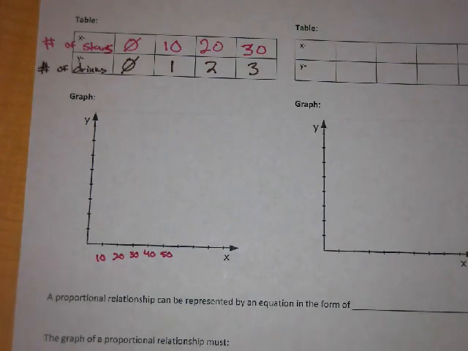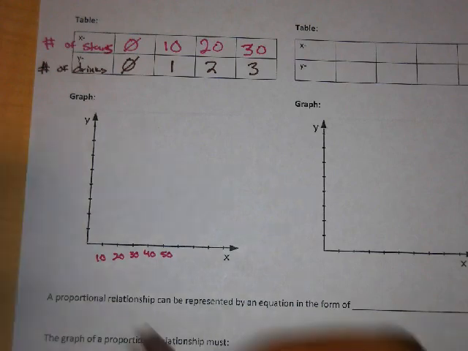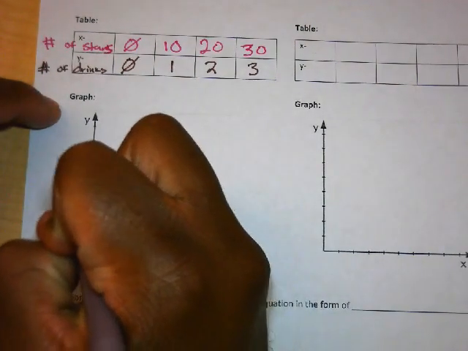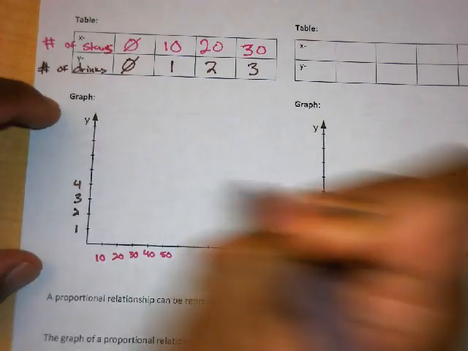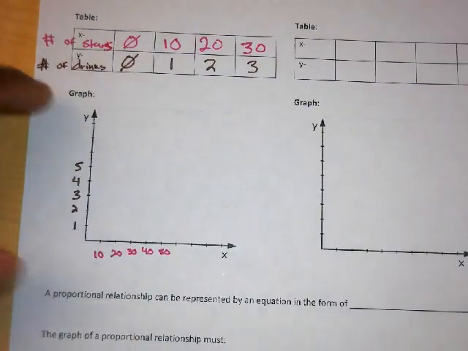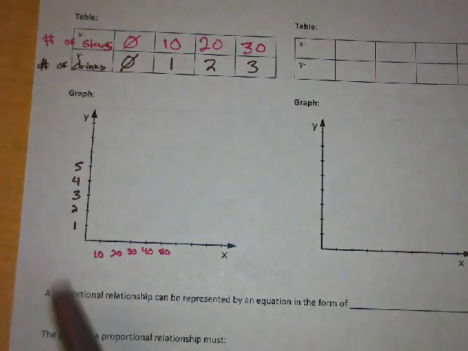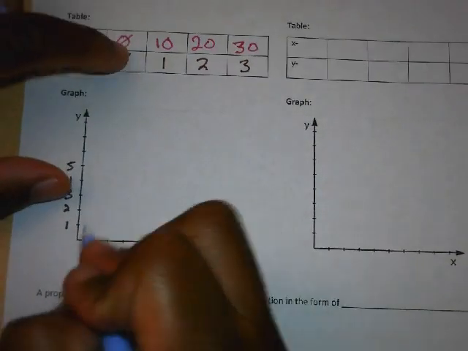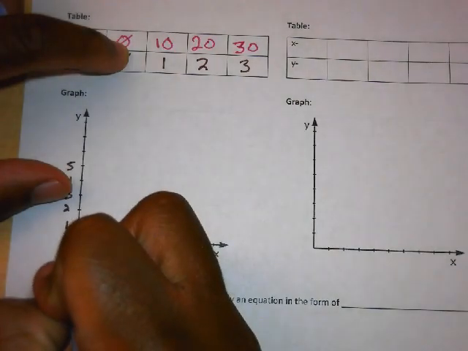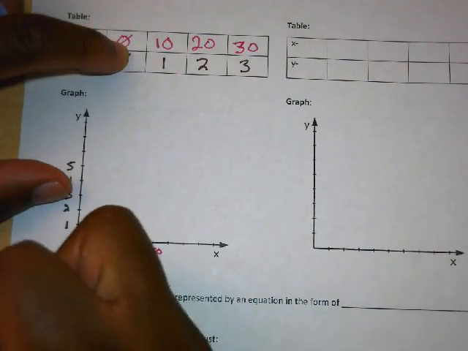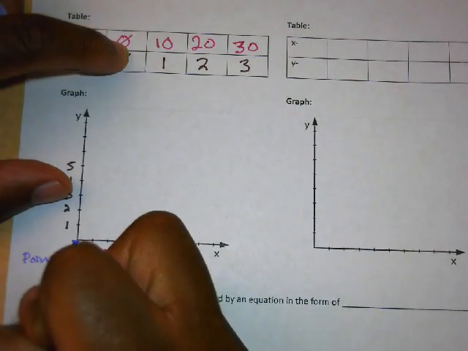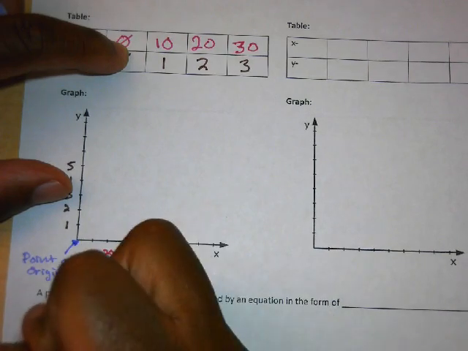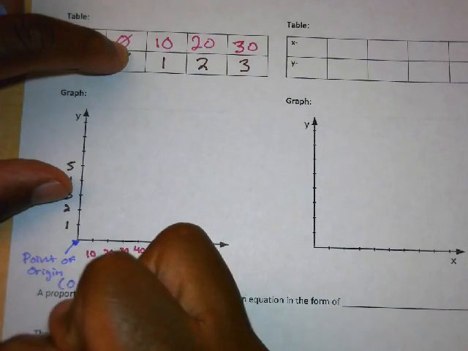And then for the y-axis, we're going to go by ones: 1, 2, 3, 4, 5. Right? And down here, this is called the point of origin, also known as 0, 0.